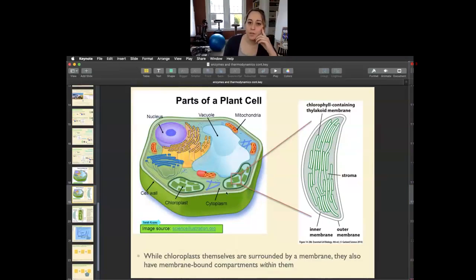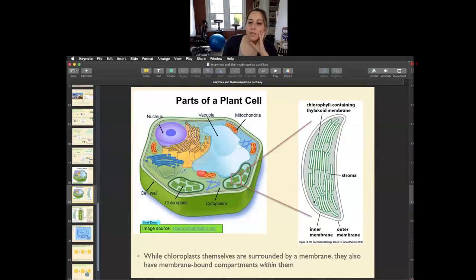In this view, I'm just blowing up this region right here. So our chloroplasts are shown here, and this is a zoomed in version.